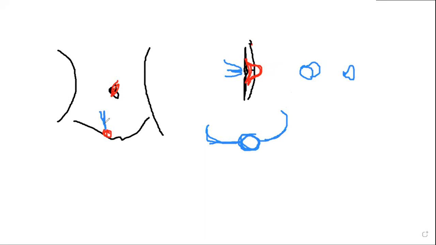Usually pag small lang yung hole, hindi masyadong makikita. But as time goes by, because of the activity of the person, lalaki yung butas. Eventually magbabulge siya, no? Ganon. Okay.